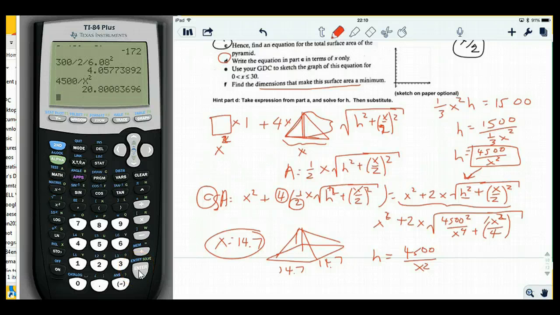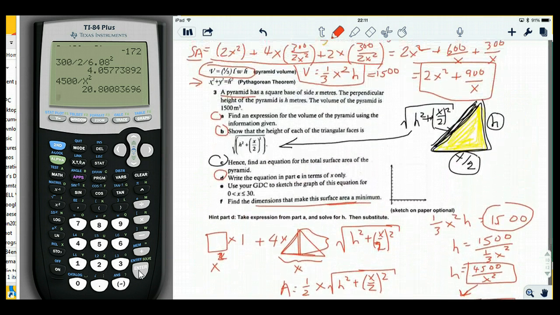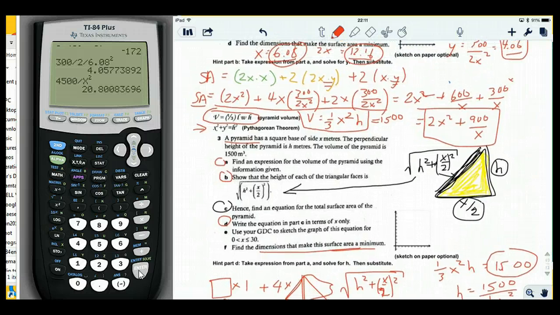And that gives us 20.8. So the height is 20.8. Okay, so those are the dimensions that make the surface area of the pyramid minimum for the volume given, which was, I think, 1500 centimeters cubed. Okay, and so that is probably the hardest problem in the book. That's how you do it.